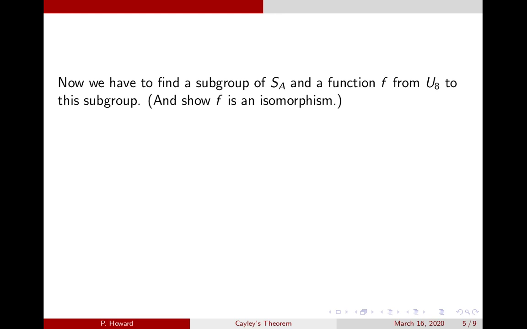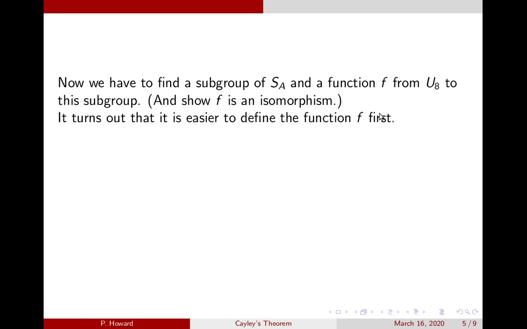Once we've got the set A, we have to find a subgroup of S sub A and a function f from U sub 8 to this subgroup, and then we have to show that f is an isomorphism. This is a brief outline of how we have to proceed from this point.